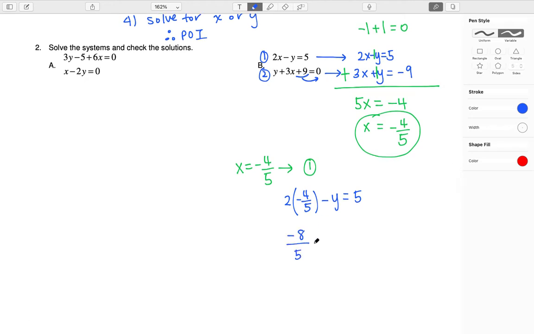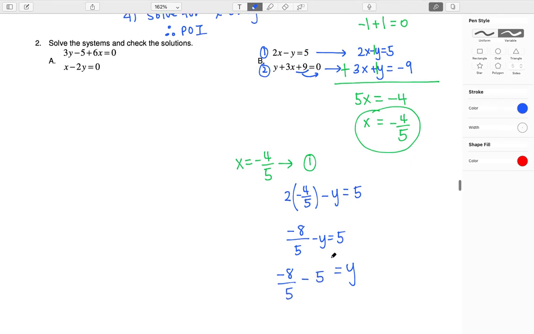Negative 8 over 5. So I'm going to bring y to the other side, so it becomes positive y, right? Negative y becomes positive y when I move it to the right side. And I'm going to move 5 to the left side, so positive 5 will now become negative 5.